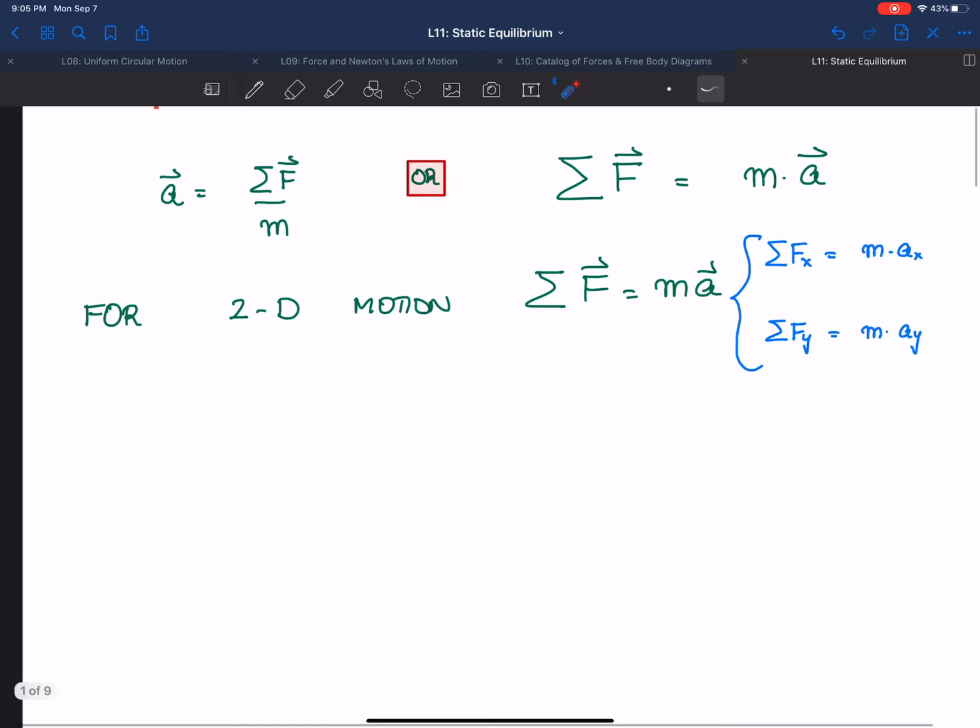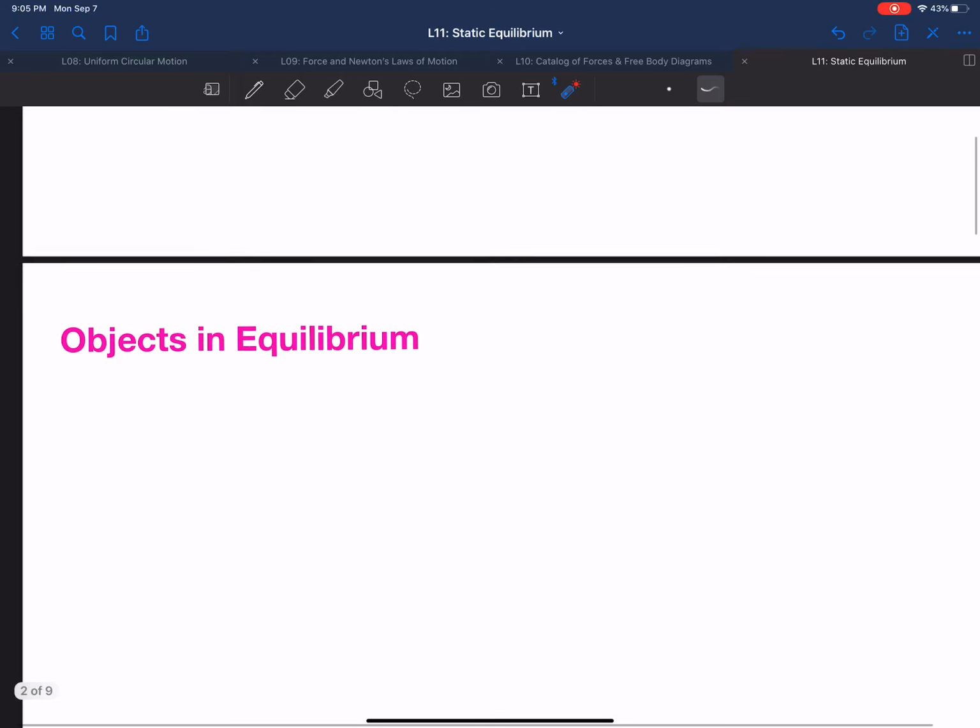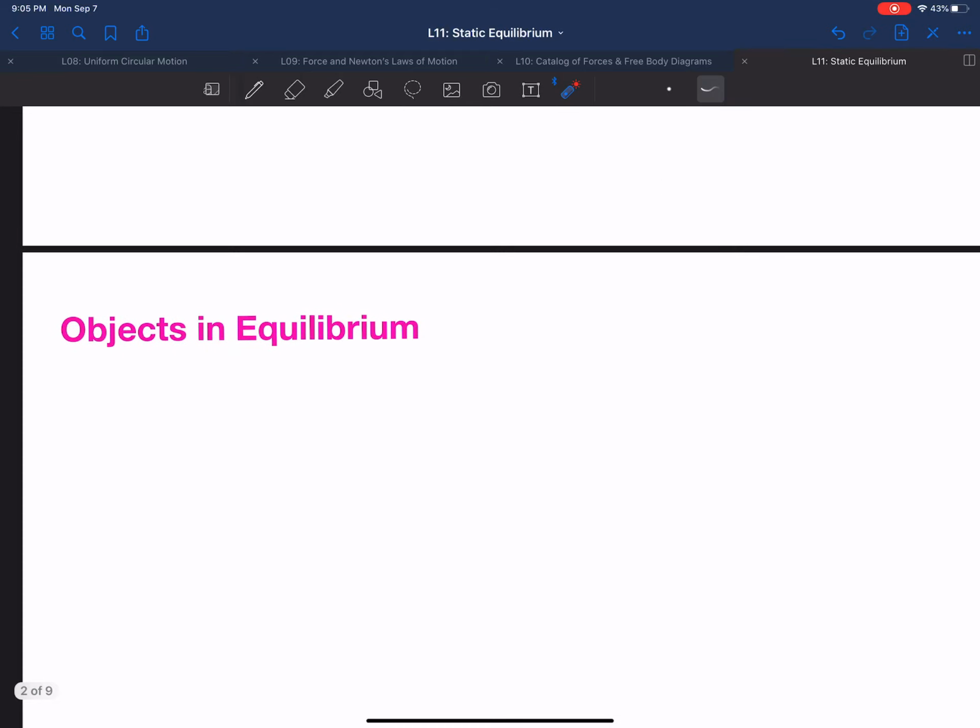Now, just a few definitions out here. We need objects in equilibrium.